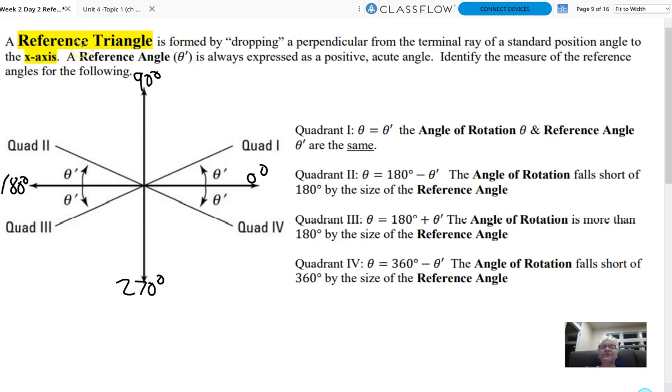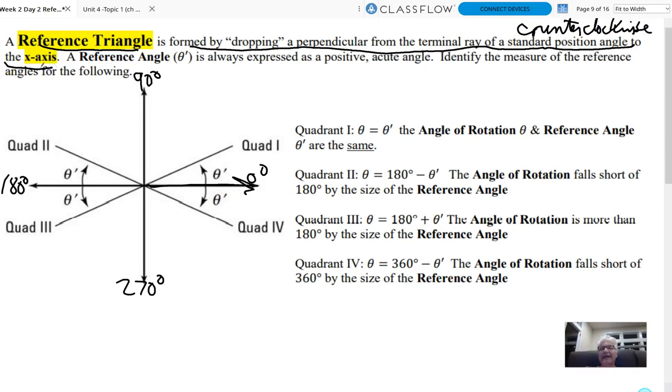The reference triangle, so we have a reference angle inside the reference triangle, is formed by dropping a perpendicular from the terminal ray of a standard position angle. Remember, standard position just means that you start here at 0 degrees and start rotating counterclockwise to the x-axis.